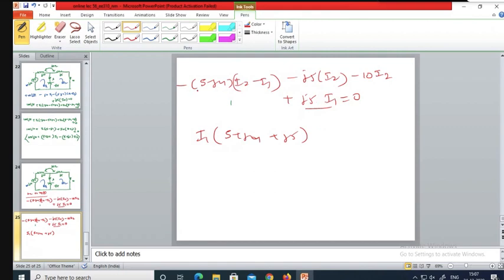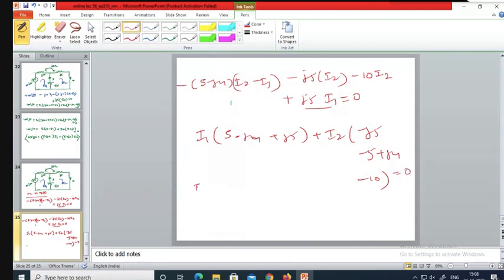Minus into minus plus and 5 minus J4 here. Sorry. 5 minus J4 plus take common factor I2, minus J5 minus 5 plus J4 and minus 10, that is equal to 0.